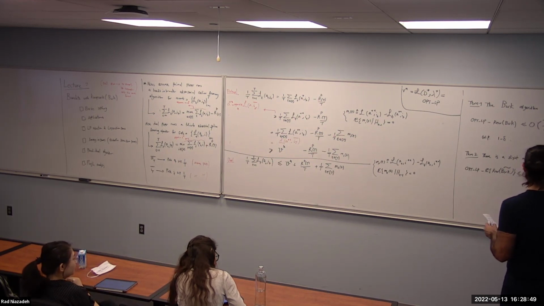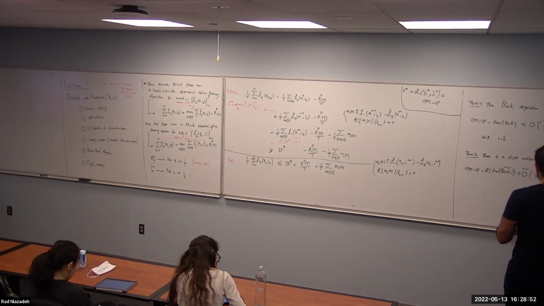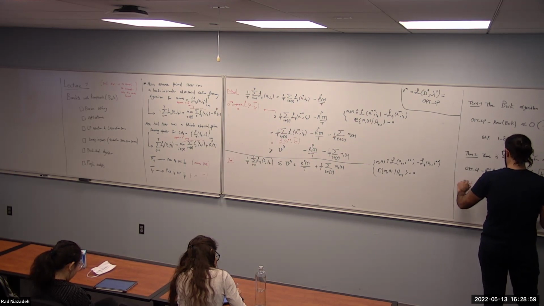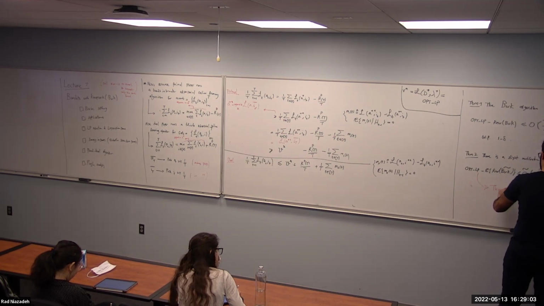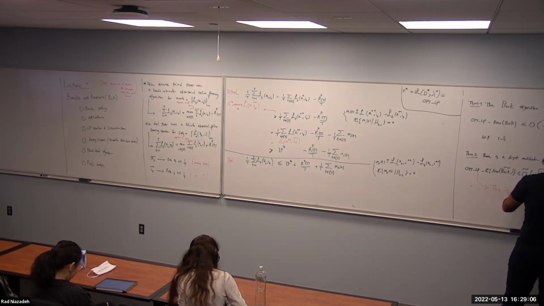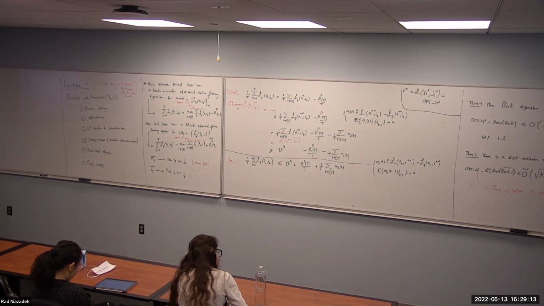And in particular, this is going to be a better bound, for example, if opt is smaller than the square root of B times T. So in a regime where B is still large, but not super large, you can get improvement.